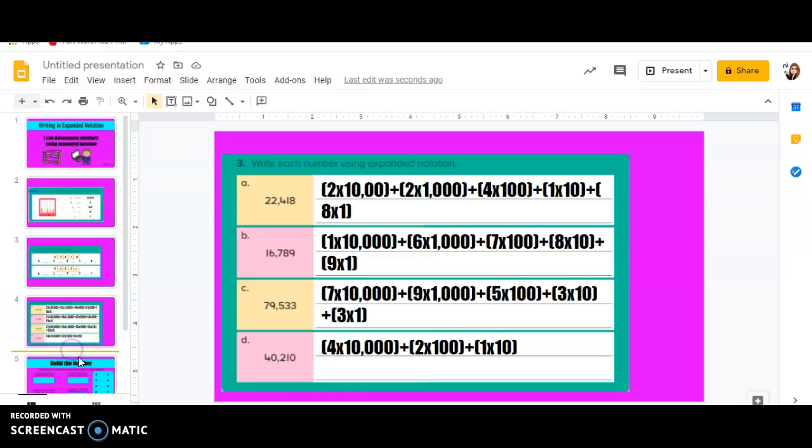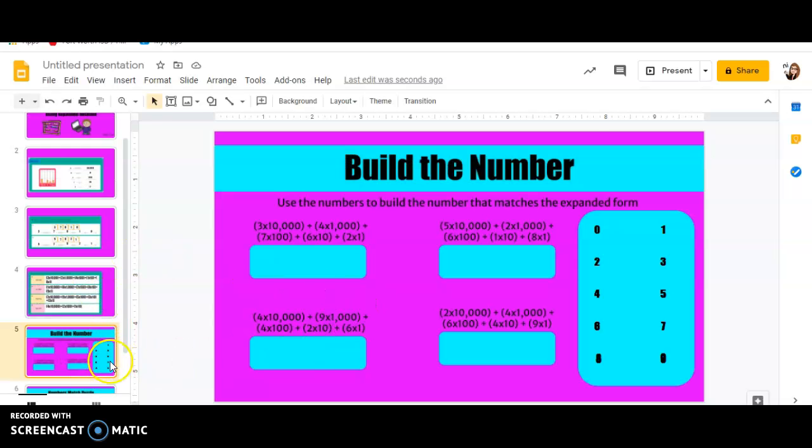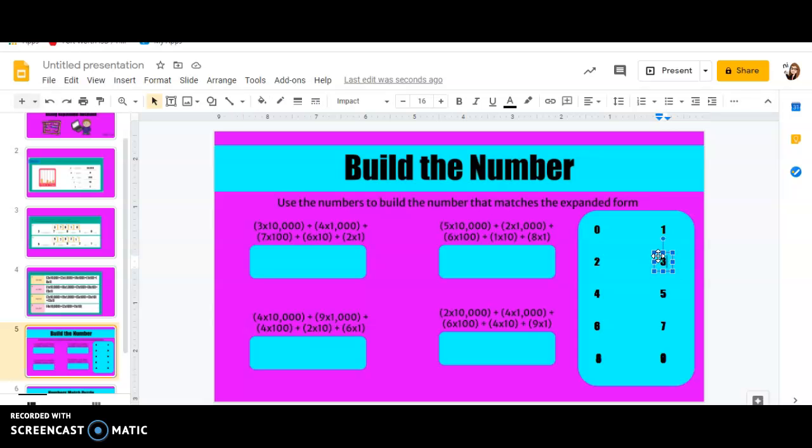So your job is to finish the last 2 slides that you see here. So these slides will be erased when you start. So this will be slide number 2 for you. You're going to see that the number is written in expanded notation. So this says build the number. Use the numbers to build the number that matches the expanded form. So you have to take your numbers over here and move them to match each digit.